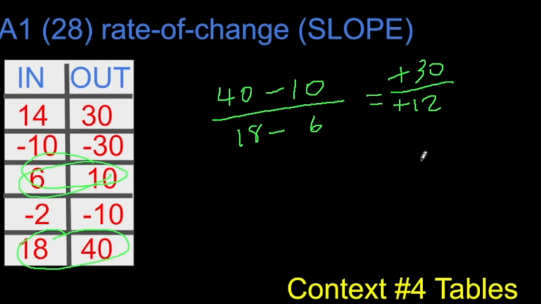Dividing that, our final slope will be 5 over 2, or 2.5. All right, 2.5 is what you should have got.